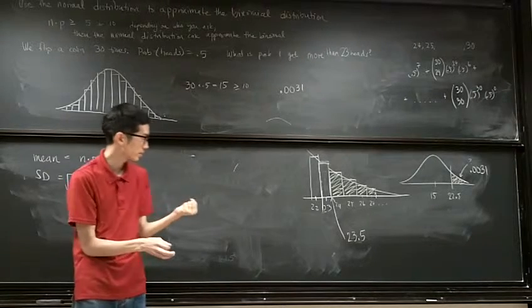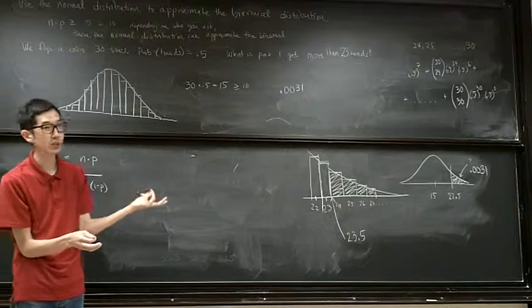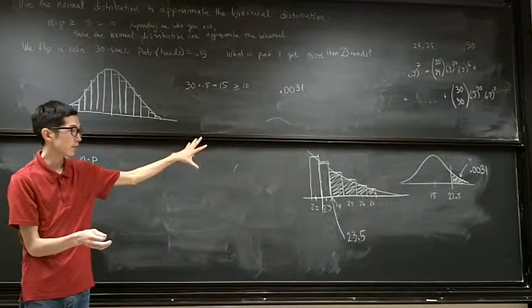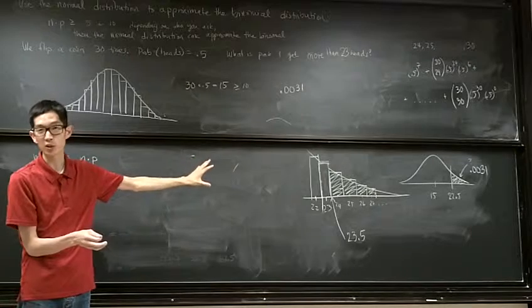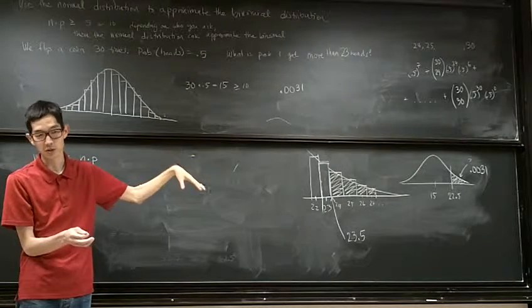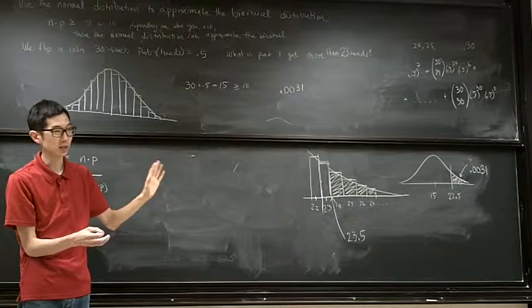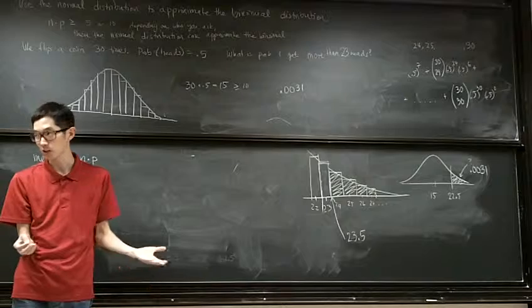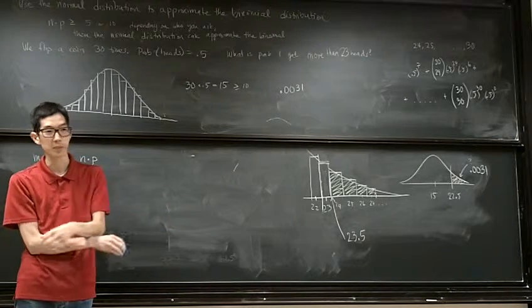This is called the continuity correction. Because we have a discrete distribution, the binomial, and we're approximating it with something continuous, the normal, there's a continuity correction of plus 0.5 or minus 0.5 going on in here.